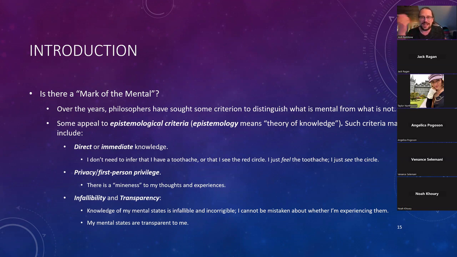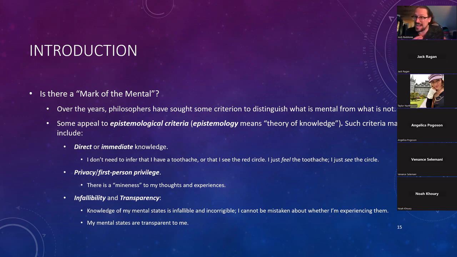What if, like I said earlier, he rewrites my neurons and rewires them so that I have the memory of going to the zoo when I never went to the zoo? It would still feel like my memory, but it never happened. Infallibility and transparency? Well, Descartes might not be correct that my mental states are infallible and incorrigible. And are they transparent to me?